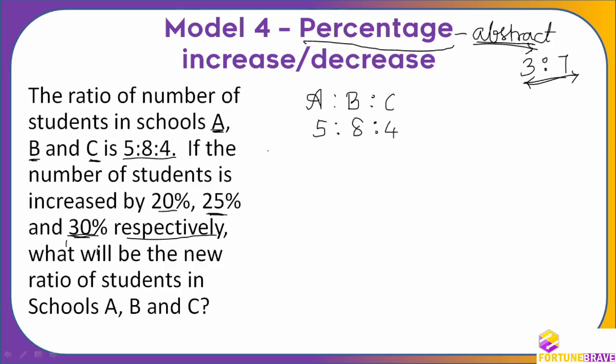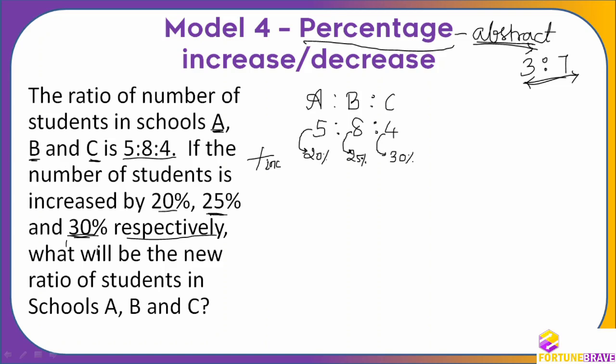Now what we are going to do? We are going to increase this: 20% for A, 25% for B and 30% for C.